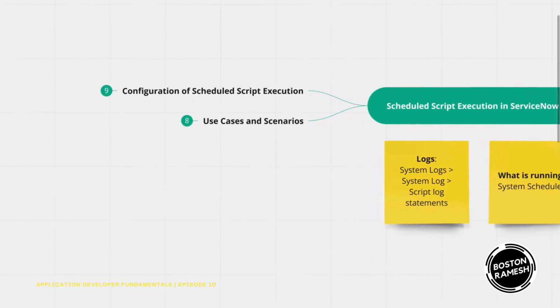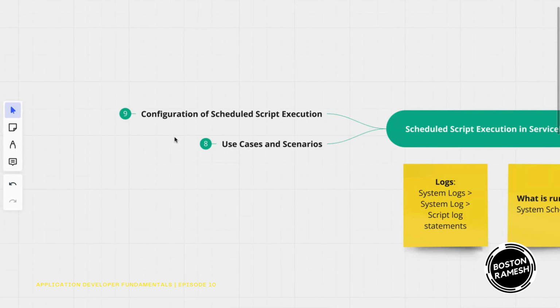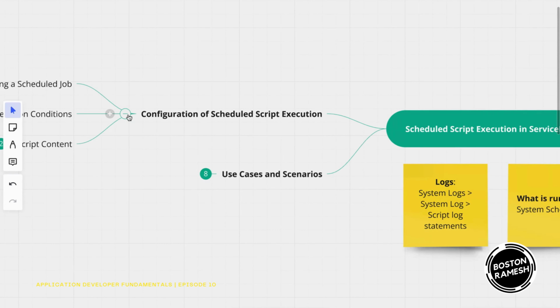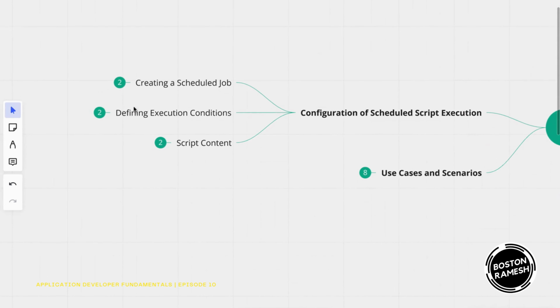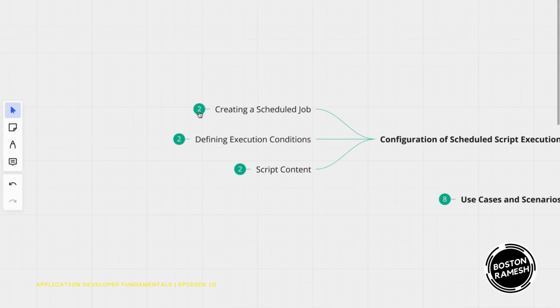First, look at the configuration of scheduled script execution. We need to create a scheduled job. We do that in the studio, and then we define triggers, like when exactly this script should execute, and then we write the script content.